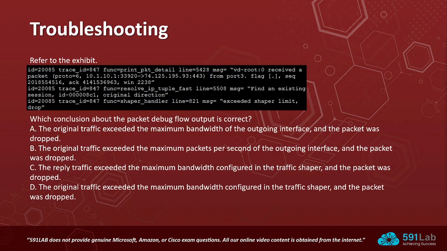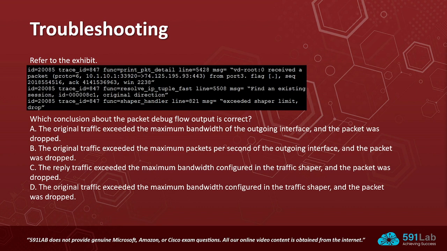Troubleshooting. We have this picture there, and it says: which conclusion about the packet debug flow output is correct? Let's see the picture. We have communication from that IP address to that IP address, this port 3.